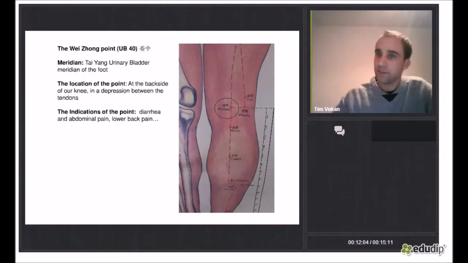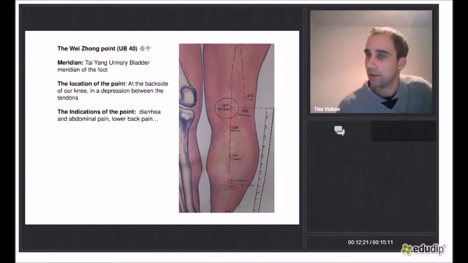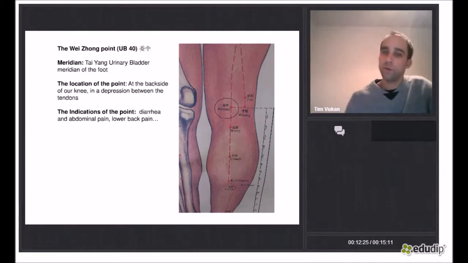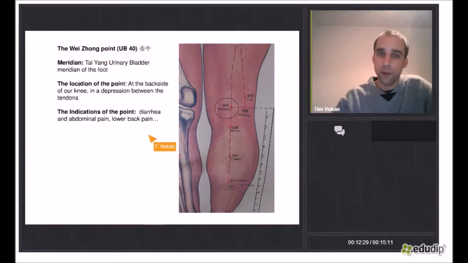Coming to the last point, introducing you to 4 main points, is the Weizhong point, at the back side of our knee, between 2 tendons. If we press inside, we have quite an uncomfortable tension and feeling. This point is mainly used for treating lower back pain.